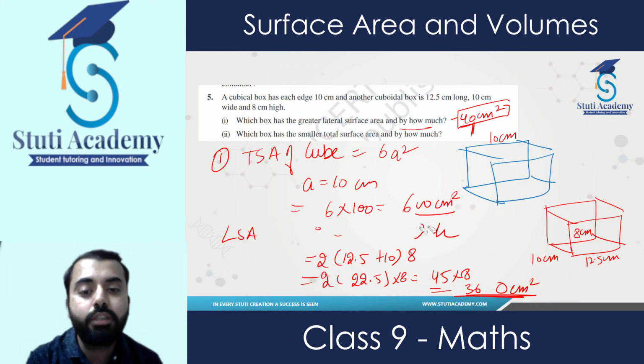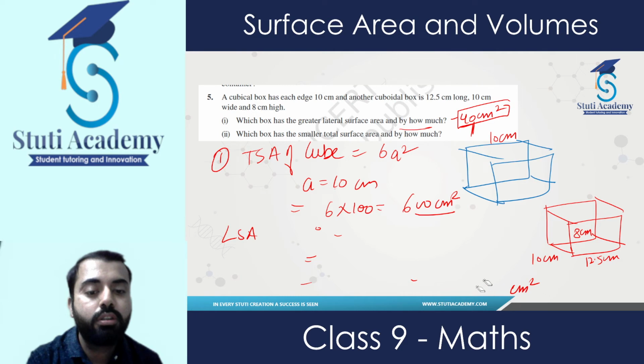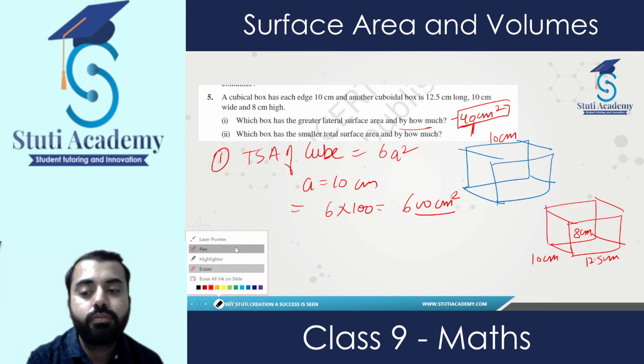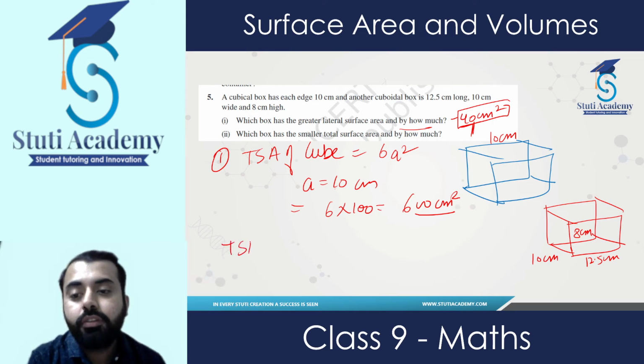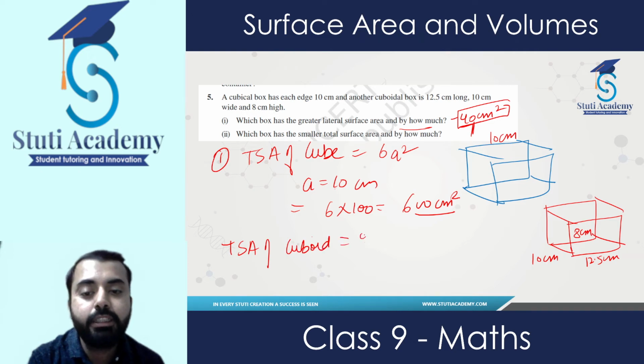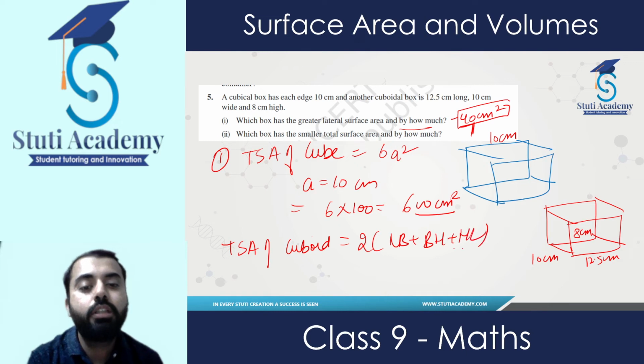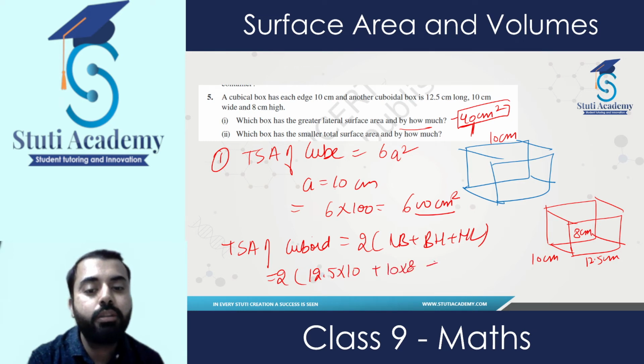Now the total surface area of the cuboid is what? You guys will just use 2 into (LB plus BH plus HL). 2 into (5 into 10 plus 10 into 8 plus 8 into 5).